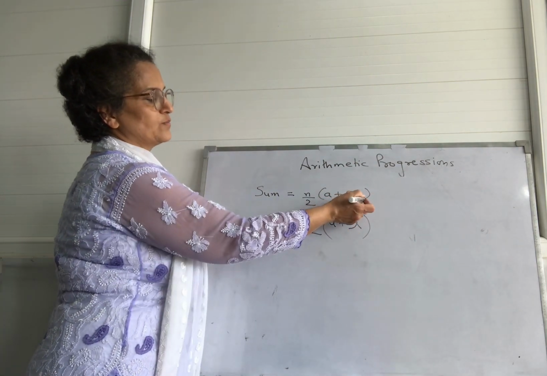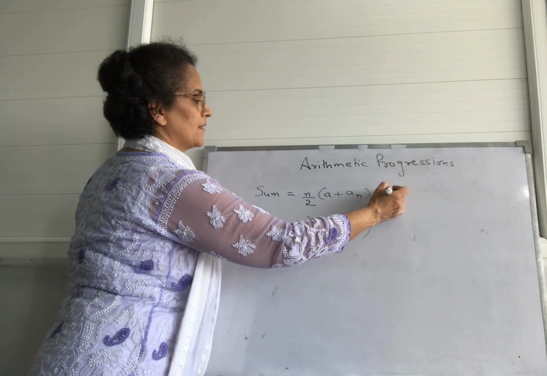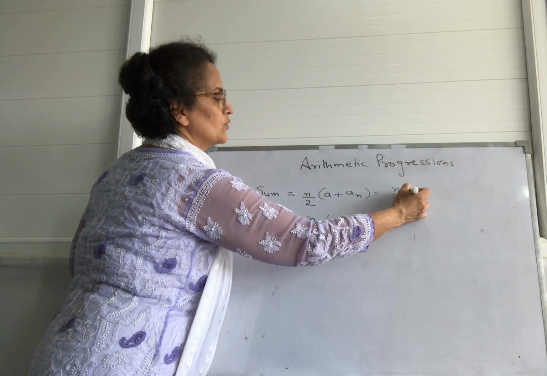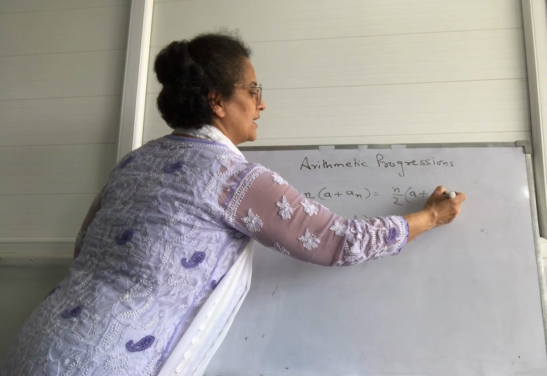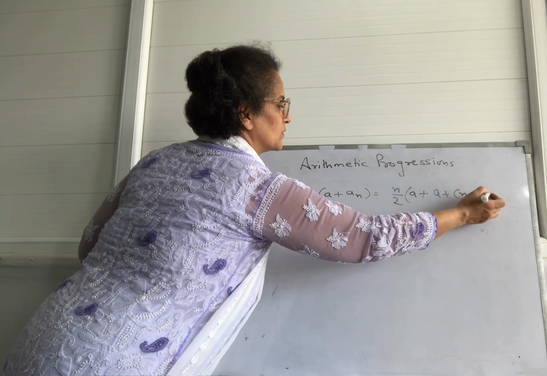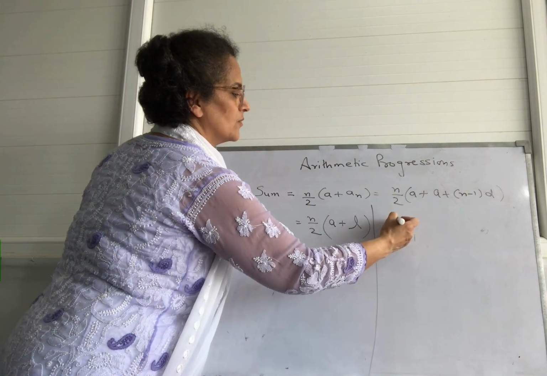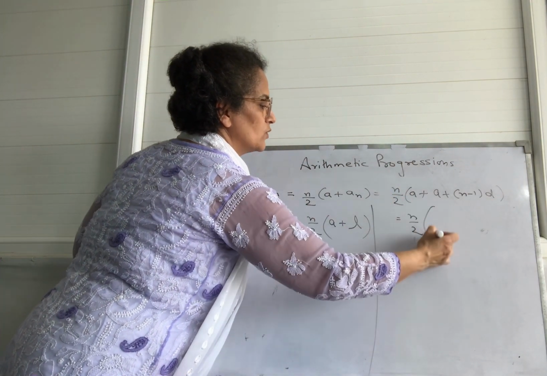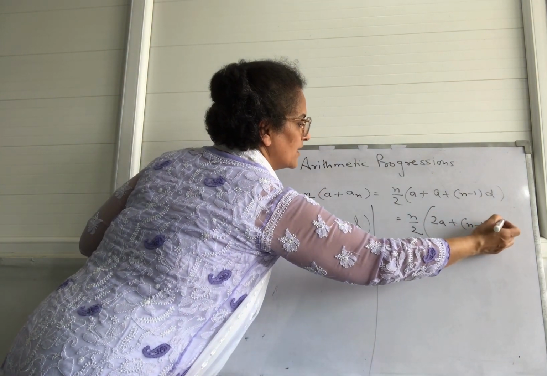Second, now let's put in the value of an which we have learned. So if I write n by 2 A, what is the formula for an? a plus n minus 1 d. So you can write another formula as n by 2 (2a plus (n minus 1) d).